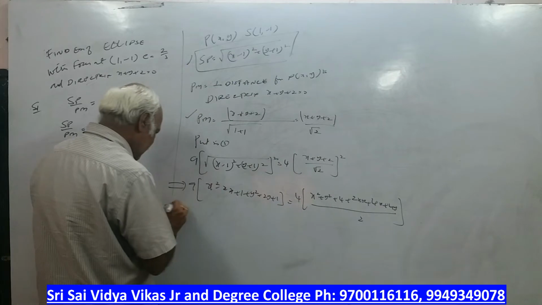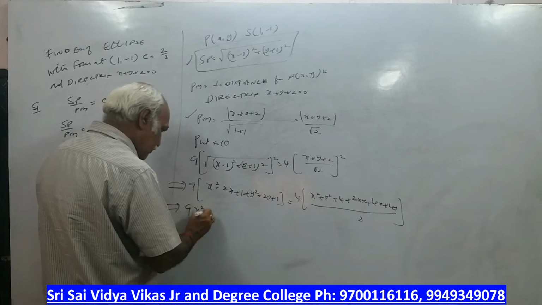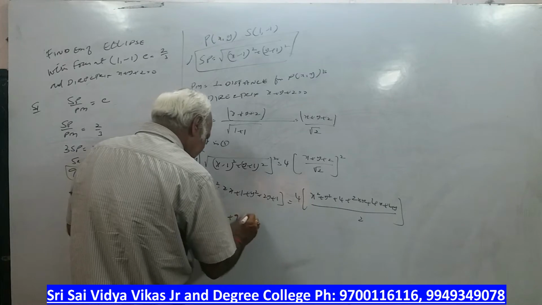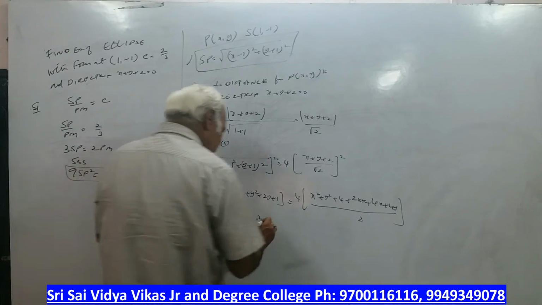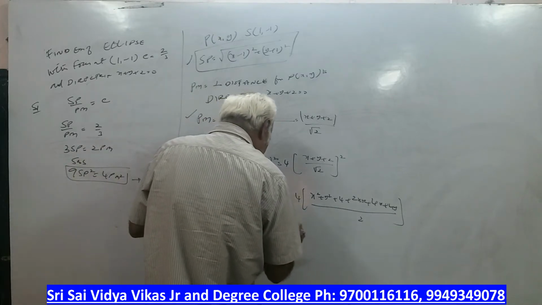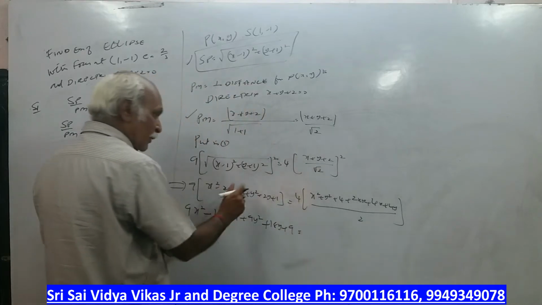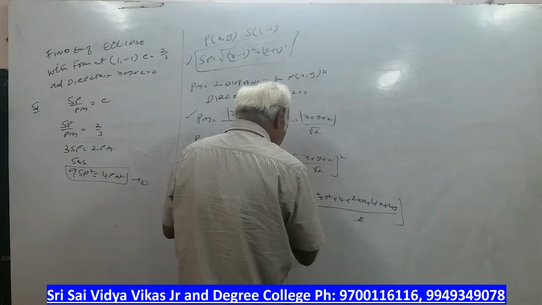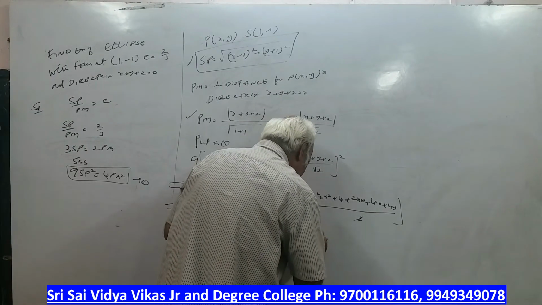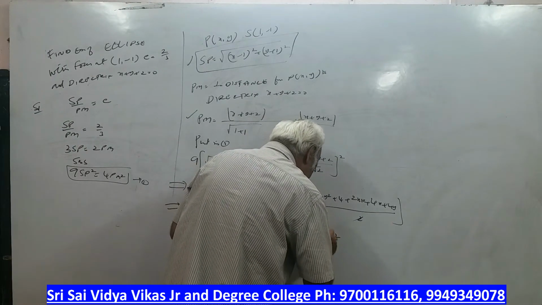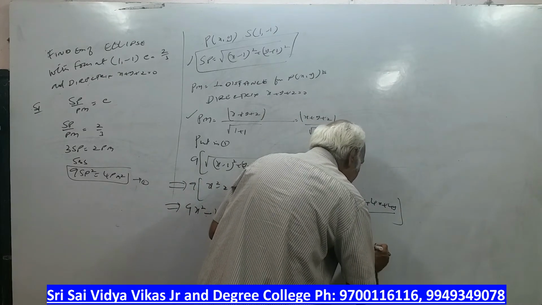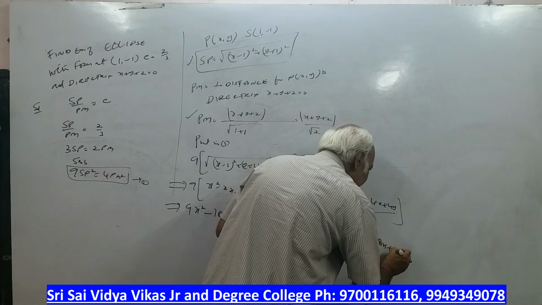Open the bracket: 9x square minus 18x plus 9 plus 9y square plus 18y plus 9. The 2 will get cancelled 2 times. Open the bracket: 2x square plus 2y square plus 8 plus 4xy plus 8x plus 8y.